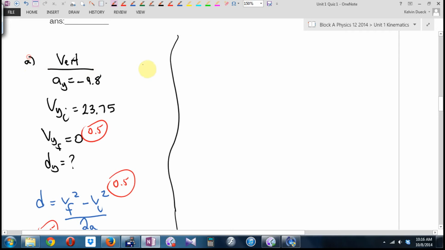This is part A. Here's part B. Also, still, I think I'm going to solve it vertically. Why? How come? Well, I know this. I know this. There must be something else I know vertically. There is.